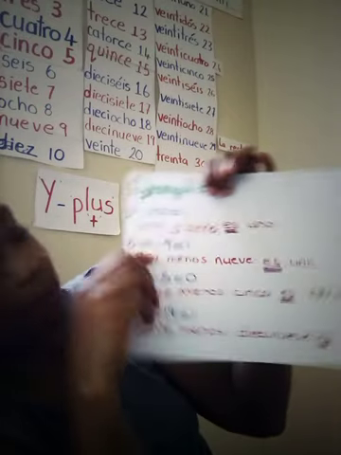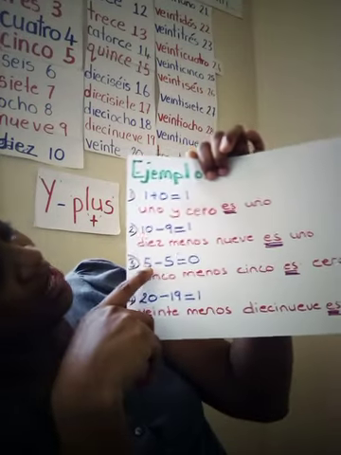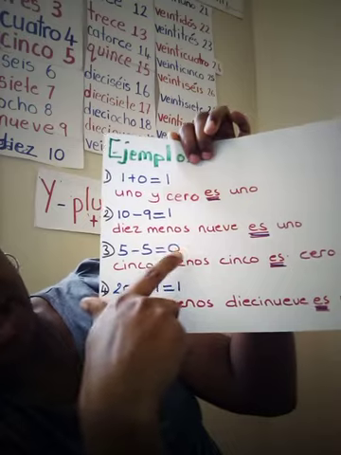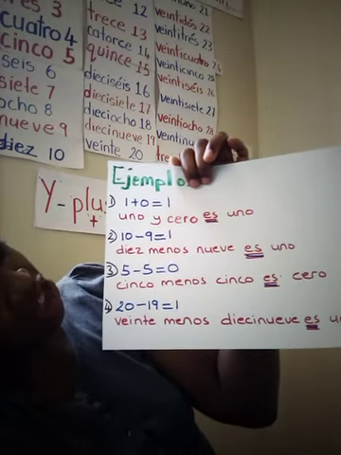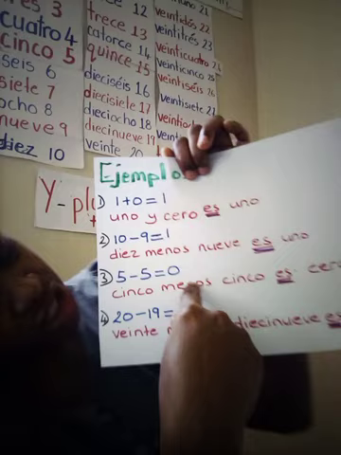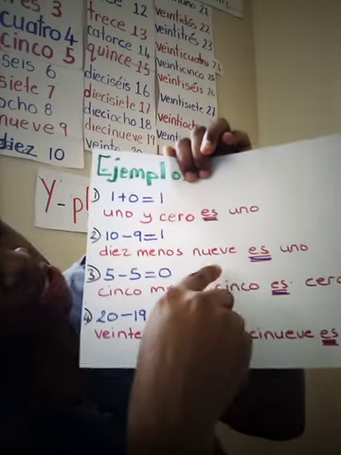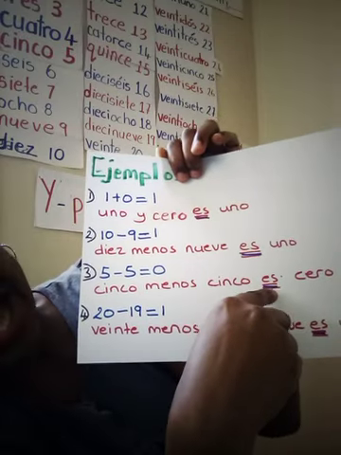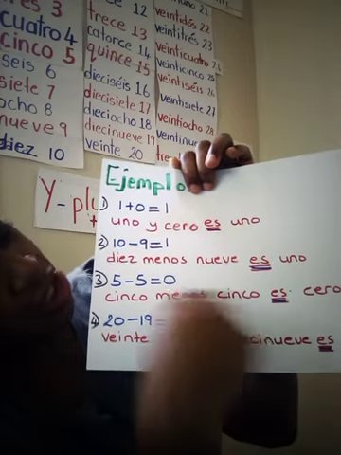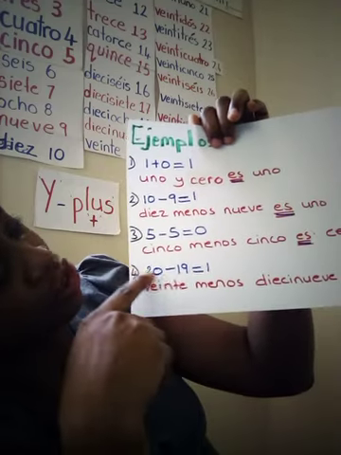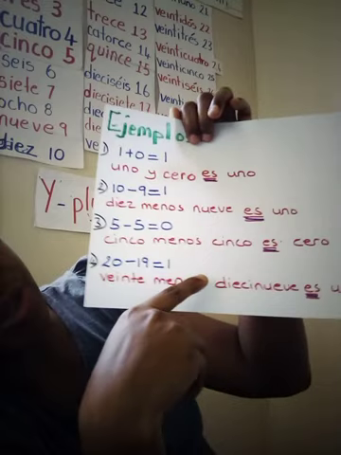Let's go to another example. This one says 5 minus 5 equals 0. Now, 5 in Spanish is cinco. Menos means to subtract or minus. Cinco means 5 again. And then es means is. Cero means 0. We use es because the answer is 0. And then the last one, 20 minus 19 equals 1.